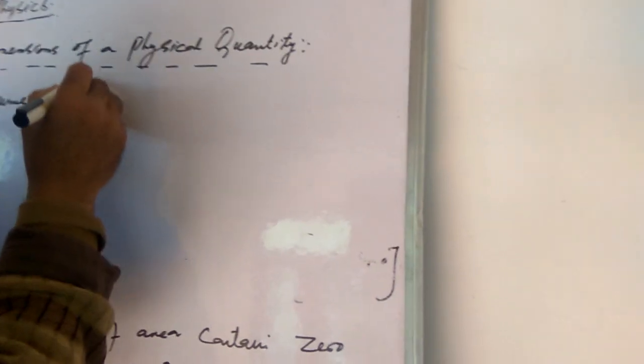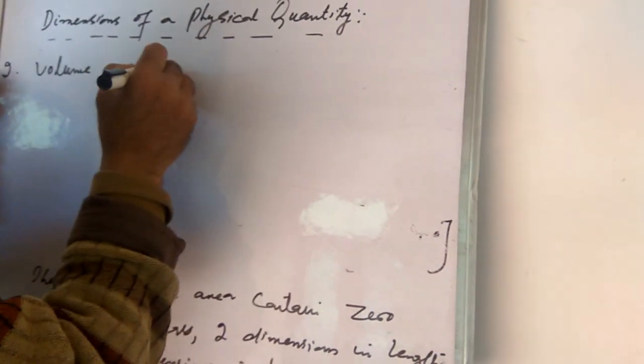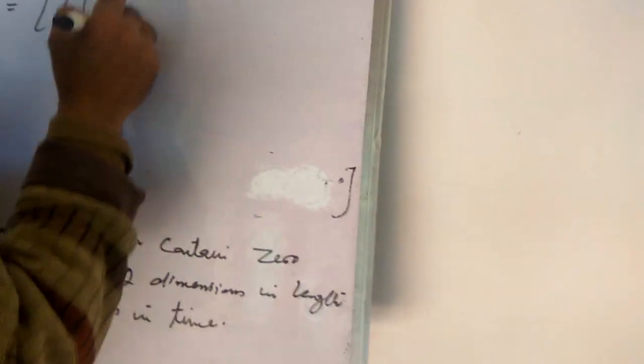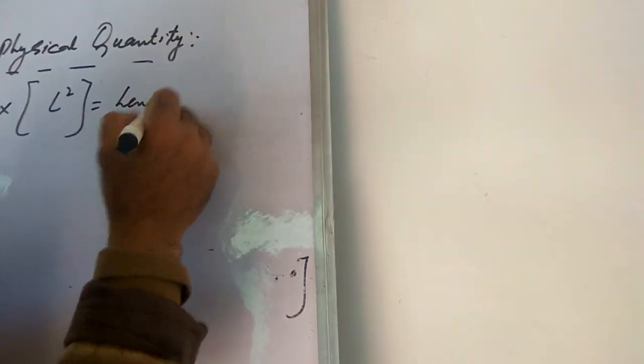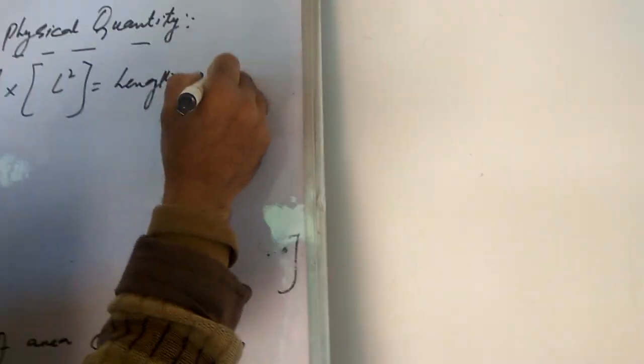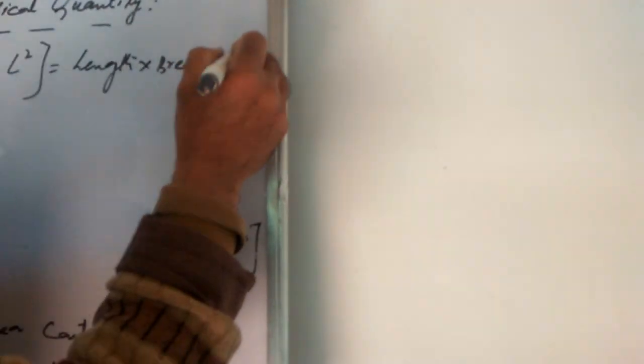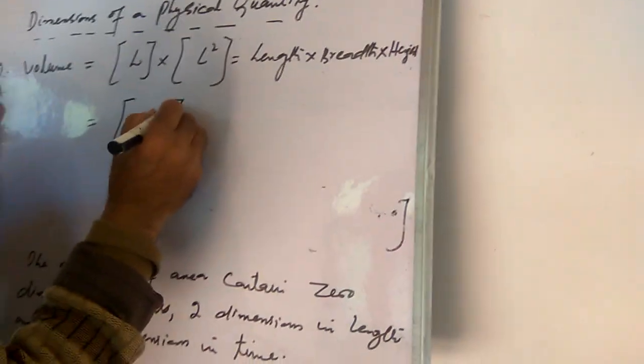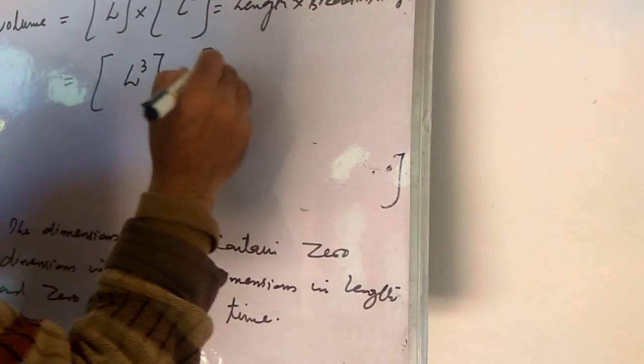Volume is length, or simply we will write it as length into breadth into height, that is L cube. So it will become L cube. Or we will write it like this.